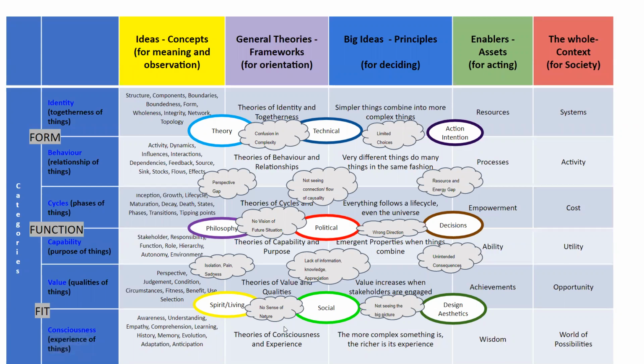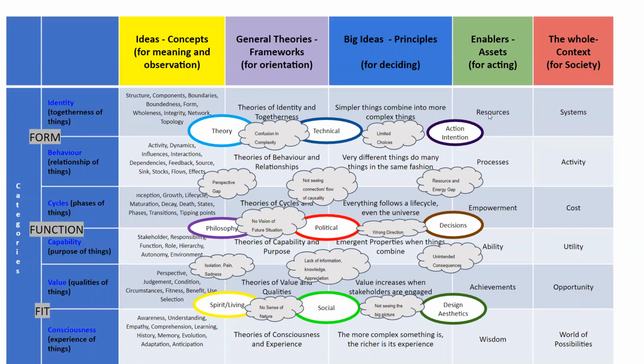So this is the tree hugging power down here. There's the power of philosophy, which is understanding your place and purpose. There's the power of theory and the theoretical. There's the technical power, the power of action intention.